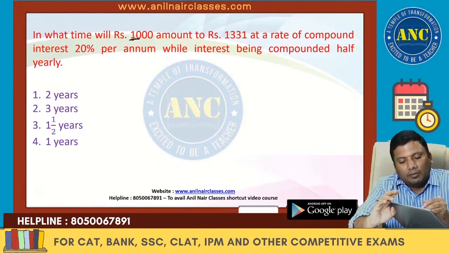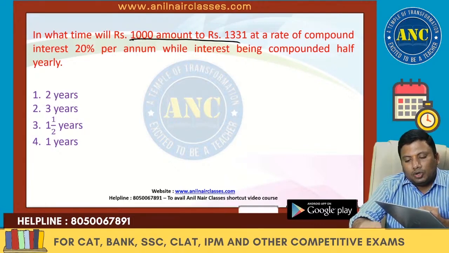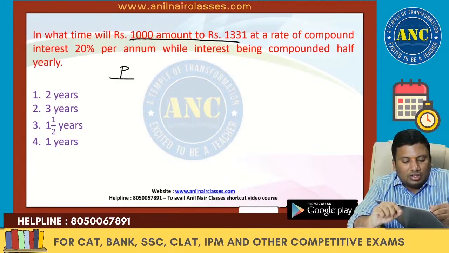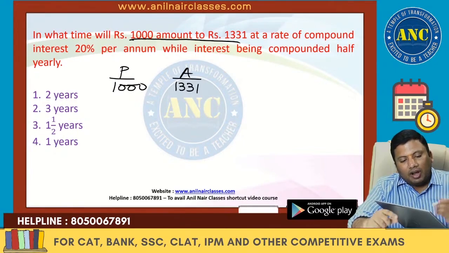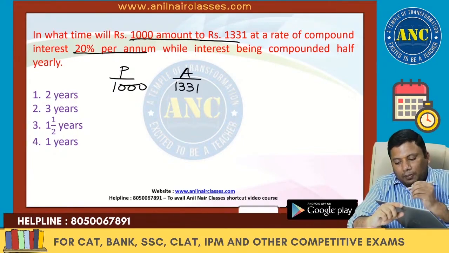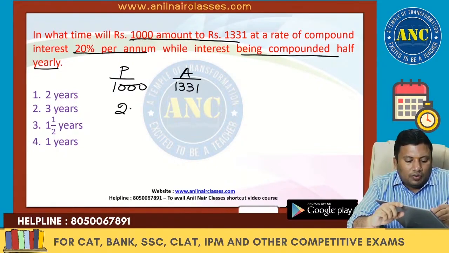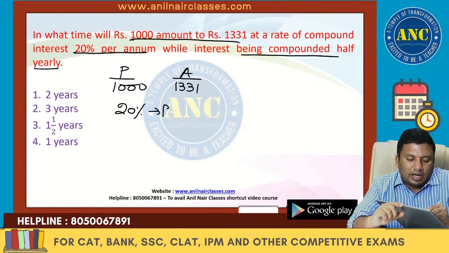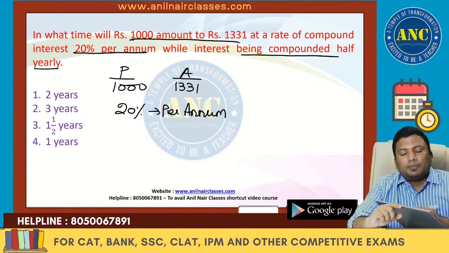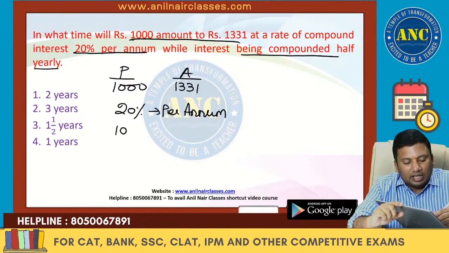At what time will 1000 amount to 1331? P is 1000. Amount is 1331. At a rate of compound interest of 20% per annum, interest is compounded half yearly. Half yearly it is nothing but 10%.